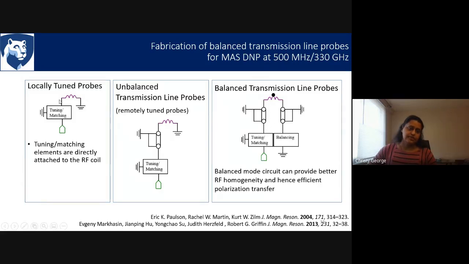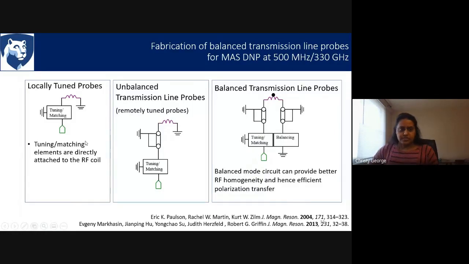And it is attached to two different capacitors, or sometimes to other inductors, to tune and match this circuit to the required frequency. Now, based on how this tuning matching circuit is attached to the RF coil, probes are classified into two types, namely locally tuned probes, in which the tuning matching circuit is directly attached to the RF coil, or remotely tuned probes. In this case, the RF coil and the tuning matching circuit are separated by a transmission line.